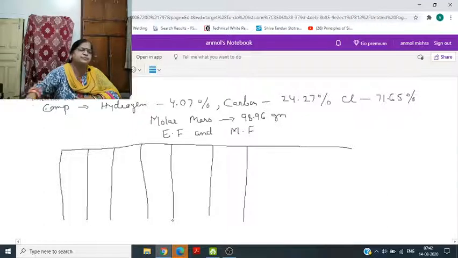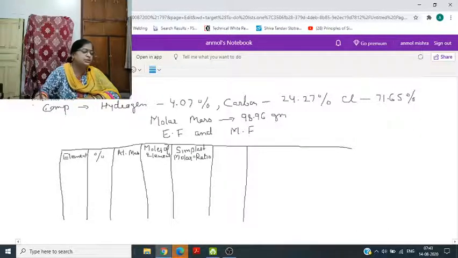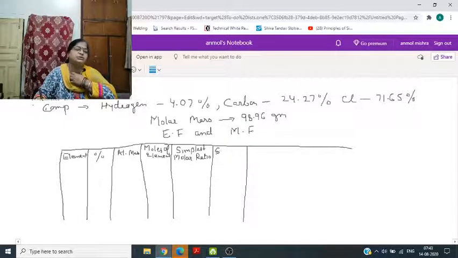In the first column we will write the element, then percentage, then atomic mass, then moles of element, then simplest molar ratio, and last, simplest whole number ratio.